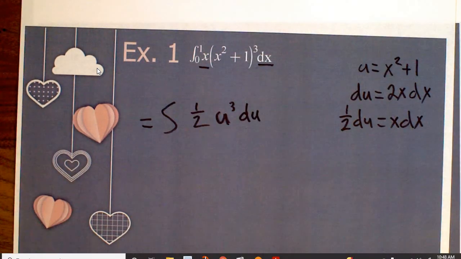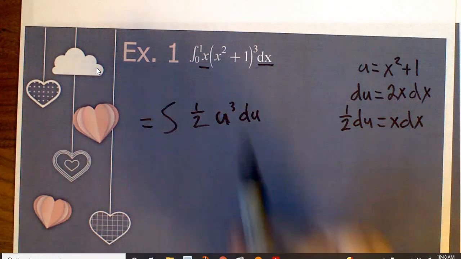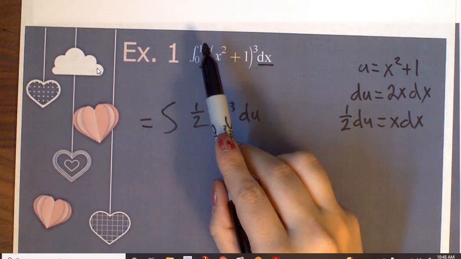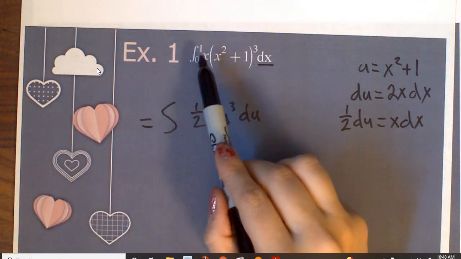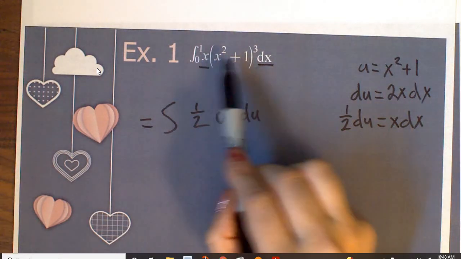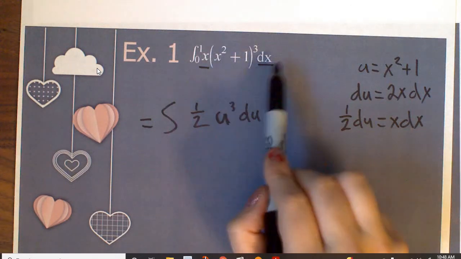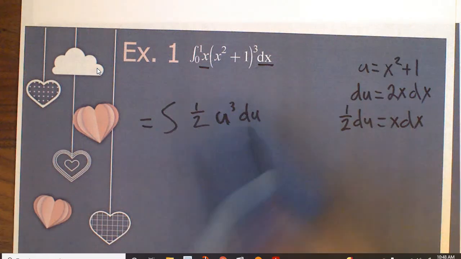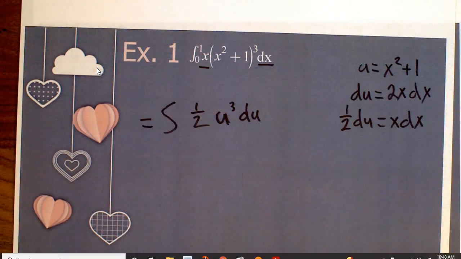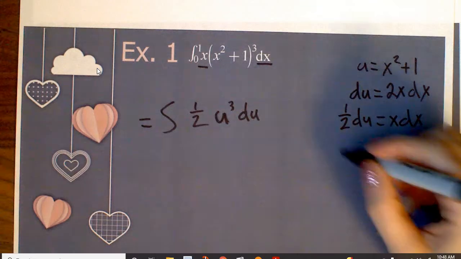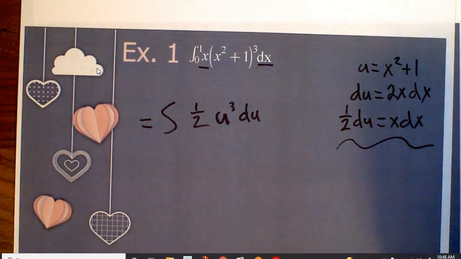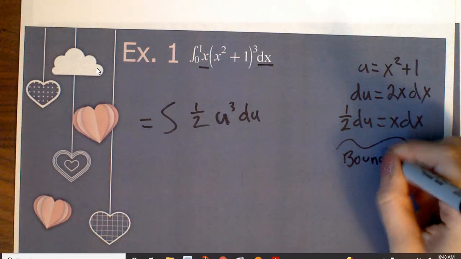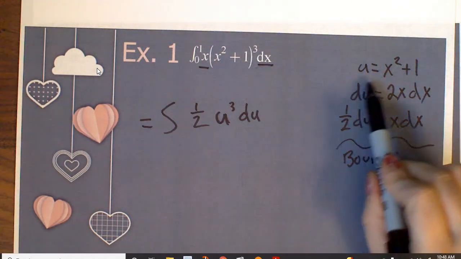Now what's different about this one than what we talked about on Friday is that we have a definite integral. So we have bounds. But these bounds are in terms of x, for when I'm taking the integral with respect to x. Now, since we're taking the integral with respect to U, we need to figure out what those new bounds would be. The way that we do that is by using the substitution that we set up here.